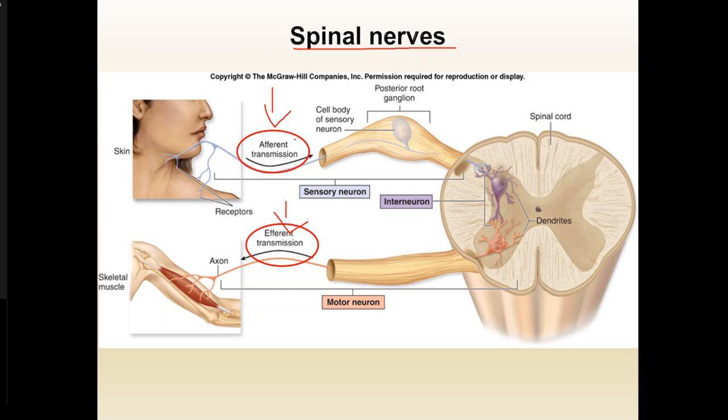The one thing I want you to start remembering from this picture is that the afferent transmission is posterior or dorsal. It's a dorsal route here, whereas the efferent transmission is ventral, or anterior.